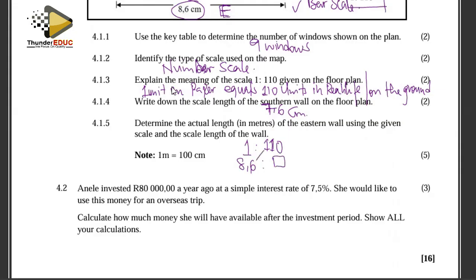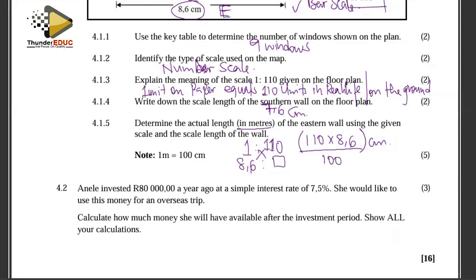What are we going to do? We are going to cross multiply, meaning our measurement will become that much times what? But remember, when we do this, these will be centimeters. Afterwards, we need to change them to meters. Why? They want the answer in meters, meaning you will have to divide by 100.